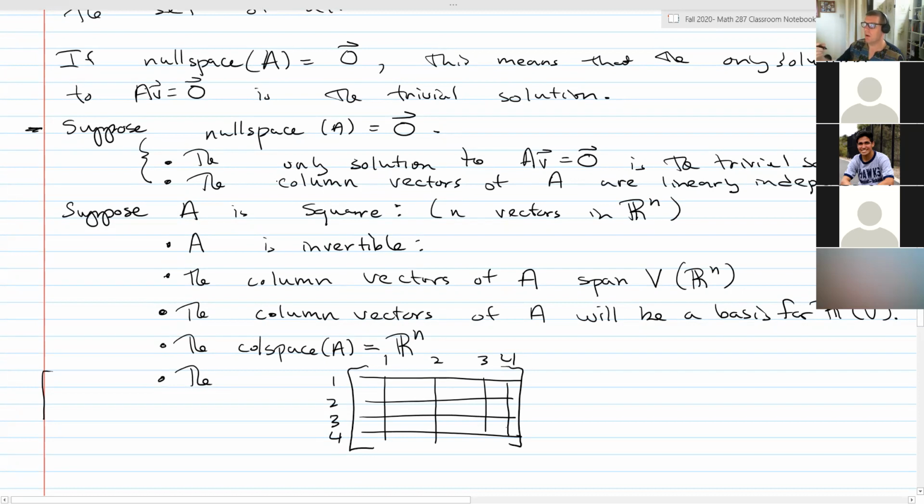And because A is invertible, we know its row reduction is going to have no 0 rows. What that means also is that the row space of A is equal to Rn as well. It's going to equal the number of vectors. So the row space of A is equal to Rn, the column space of A is equal to Rn.